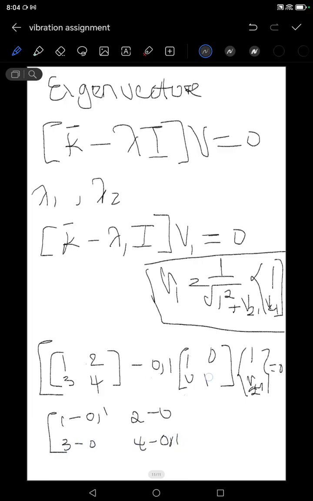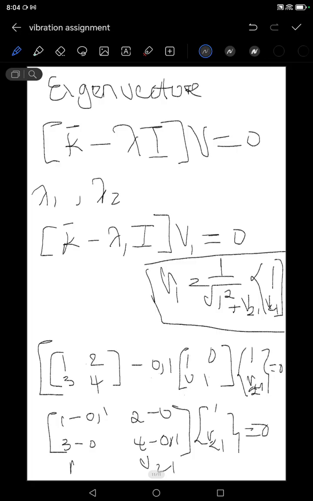I just multiplied 0.1 with 1 and 0. So we have this matrix times the vector 1, V21, all equal to 0. And remember, on top here it's still the same: 1, V21.